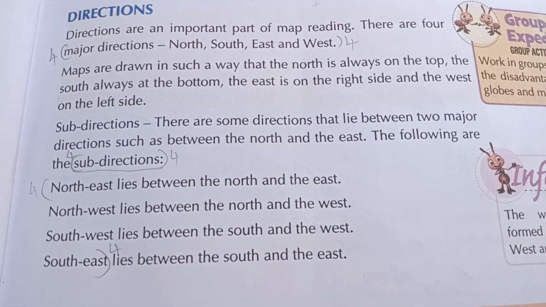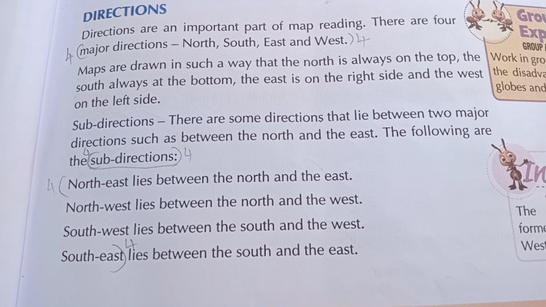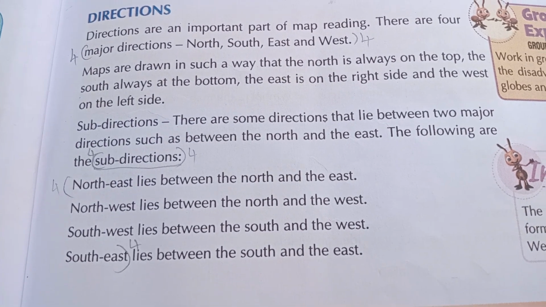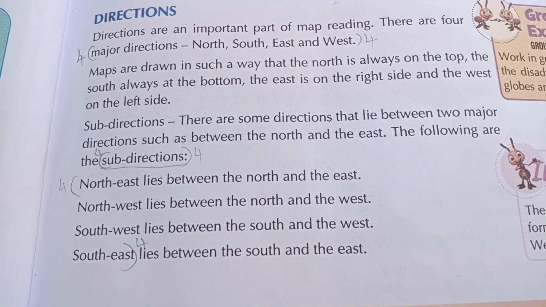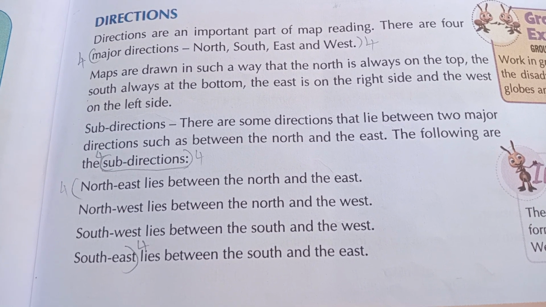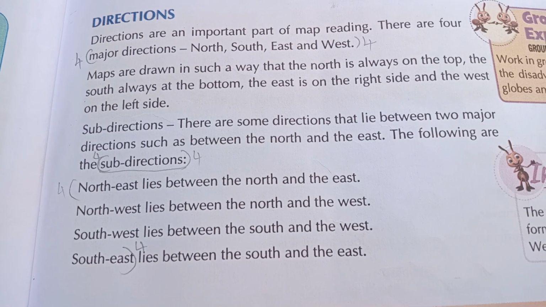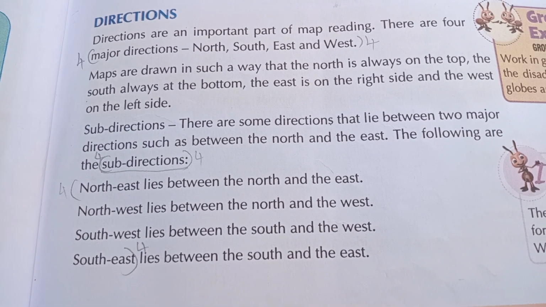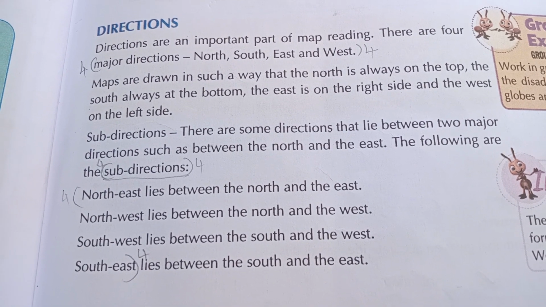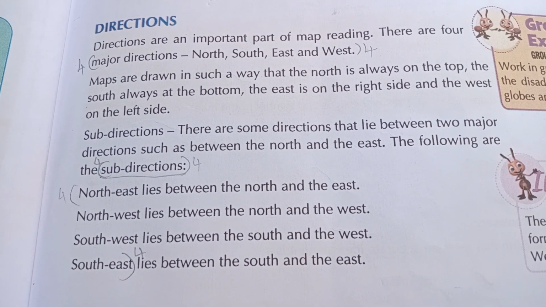Northeast lies between the north and east. Northwest lies between the north and the west. Southwest lies between the south and the west. Southeast lies between the south and the east.